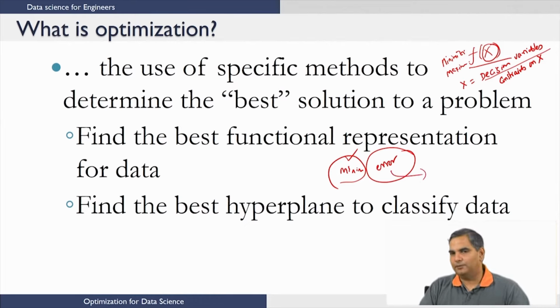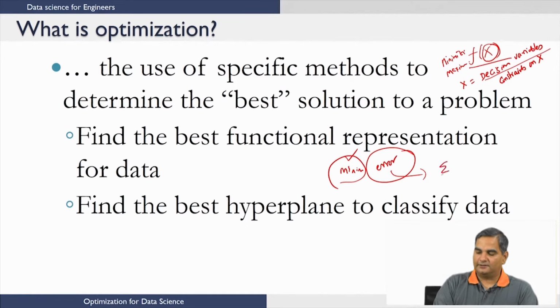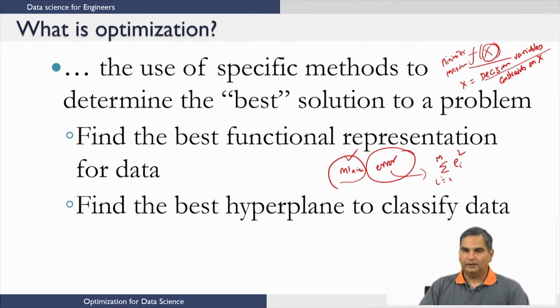For example, if you remember back to our linear algebra lectures, we said if there are many equations and they cannot be solved with a given set of variables, then we could minimize the sum from i equals 1 to m of e_i squared. So, this is the function now that we are trying to minimize, and where are the decision variables?